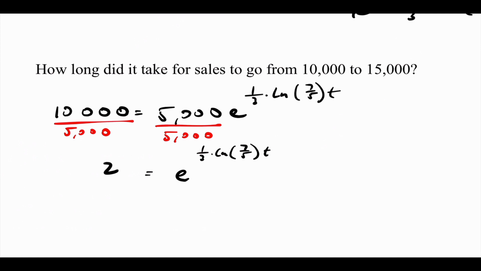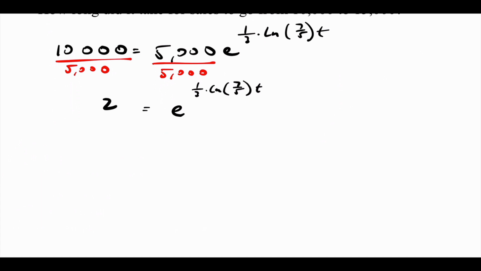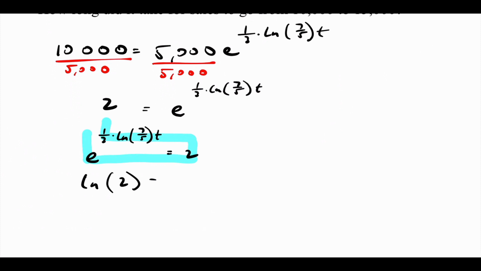Now we can bring down our power: the natural log of 2 equals 1/3 times the natural log of 7 over 5 times t.